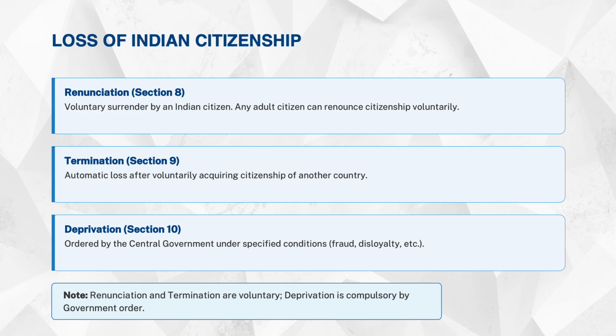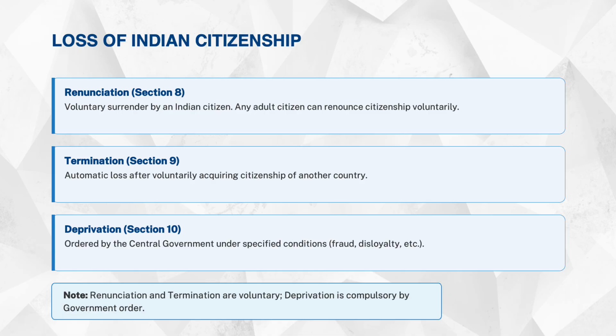Number 1, renunciation. You have to voluntarily surrender. I renounce my citizenship. I do not wish to be an Indian. So that's renunciation, self-declaration. Termination, again, after you acquire the citizenship of another country, your Indian citizenship will be terminated.